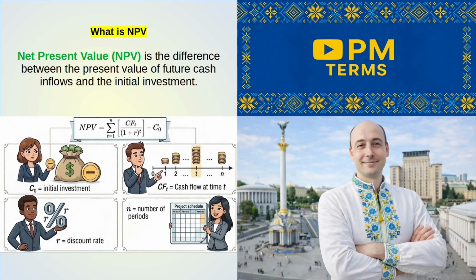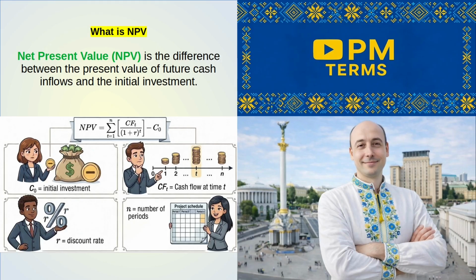What is NPV? Net present value is the difference between the present value of future cash inflows and the initial investment. It shows whether a project is expected to create value or destroy value. NPV formula: NPV equals the sum of CFt divided by (1 plus r) to the power of t, minus C0.